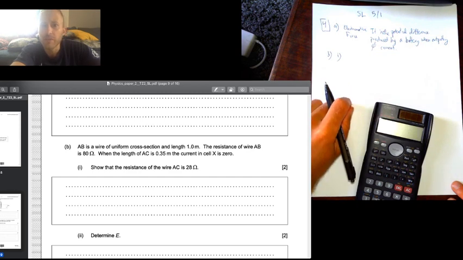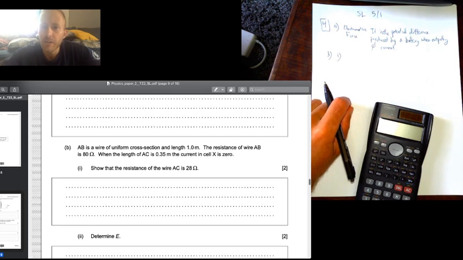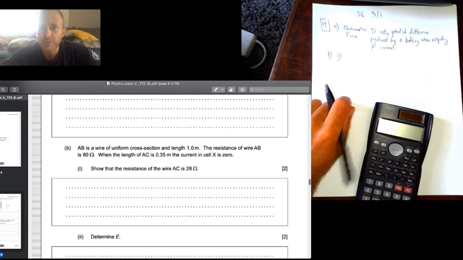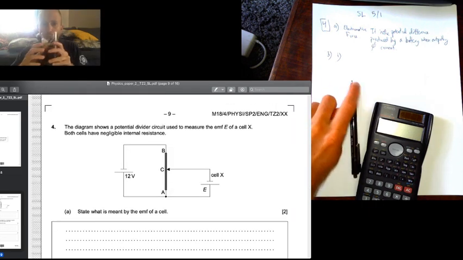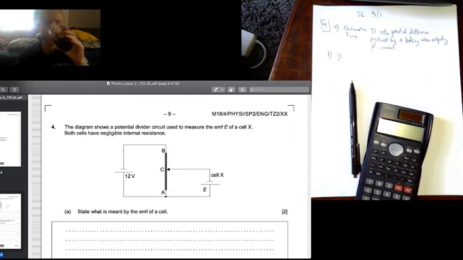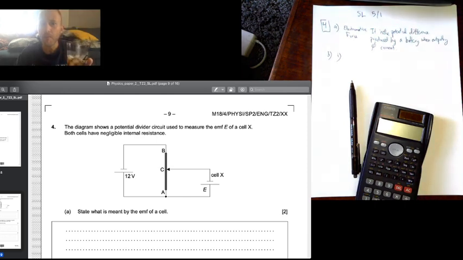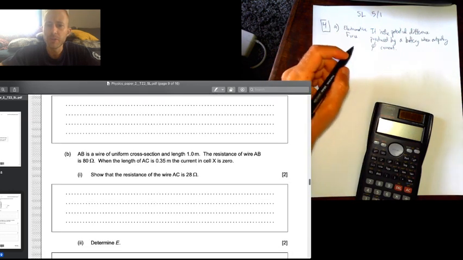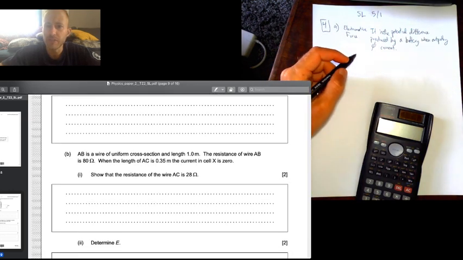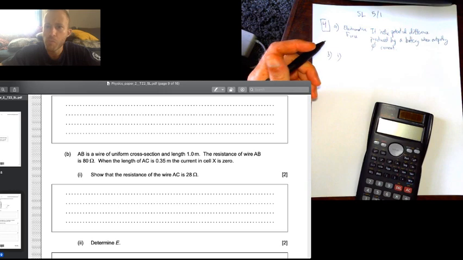When the length of AC is 0.35 meters, the current in cell X is 0. Show that the resistance of wire AC is 28 ohms.